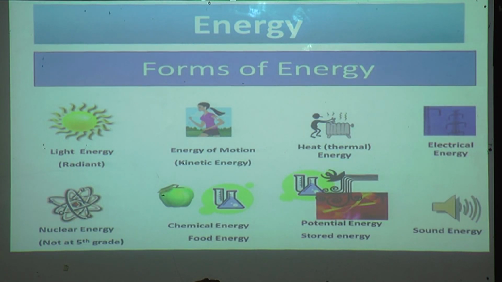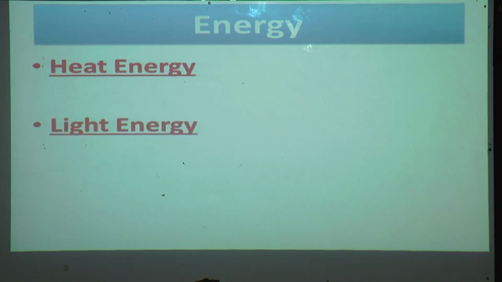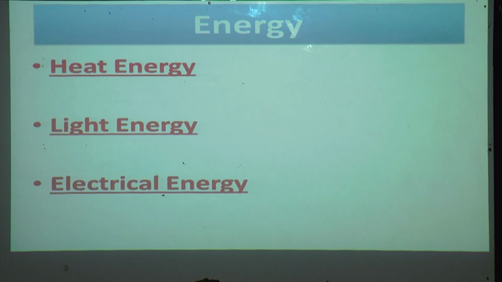There are some forms of energy: light energy, energy of motion, heat energy, electrical energy, nuclear energy, chemical energy, potential energy, and sound energy. Among these, today we are going to learn about heat energy, light energy, and electrical energy. These three energies we are going to learn.